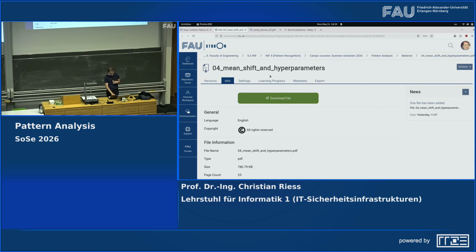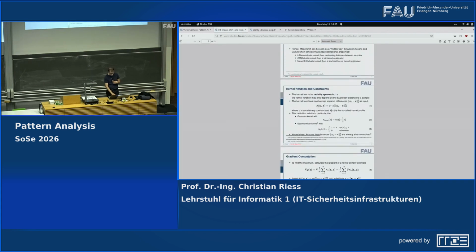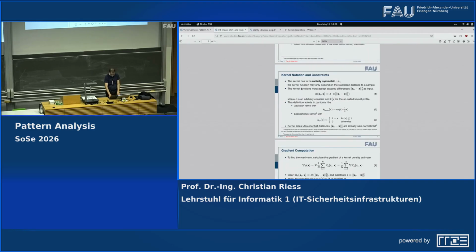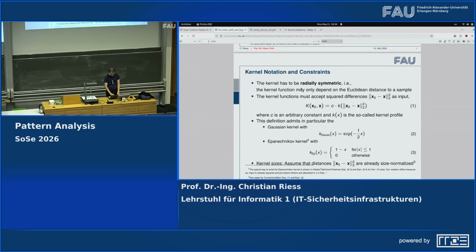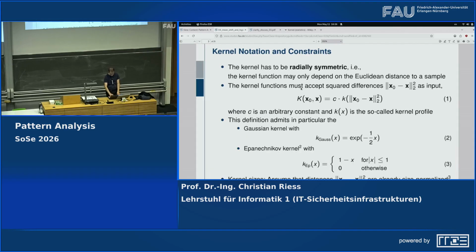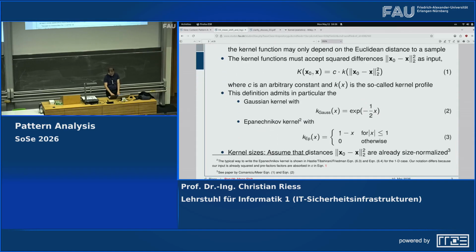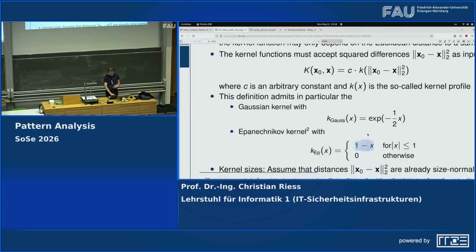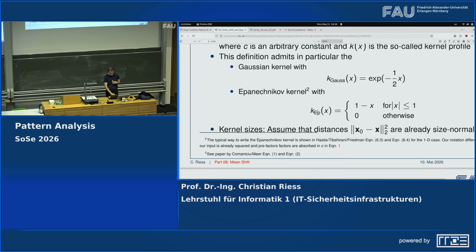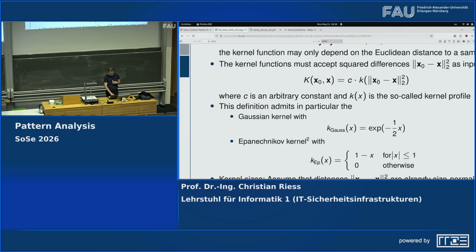Let's check the slides really quickly. Yep. So this is the laziest possible way of writing an Epanechnikov kernel. We say the input is already a squared distance, so this is a squared thing.